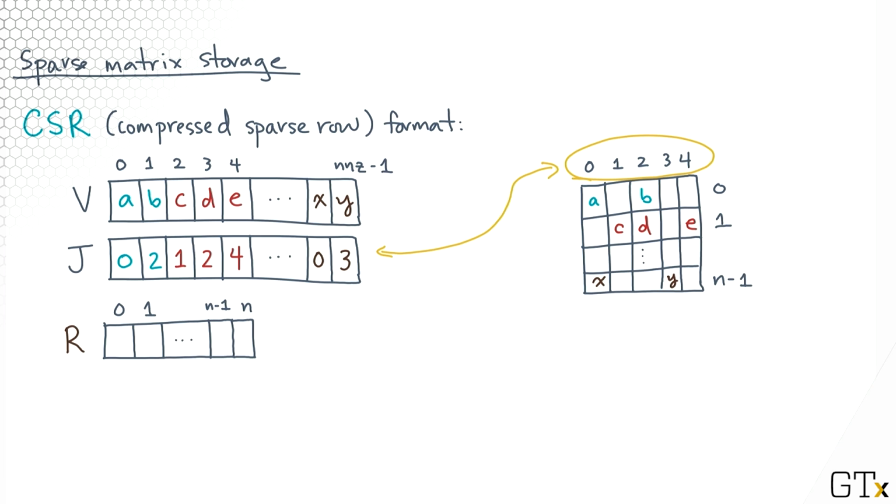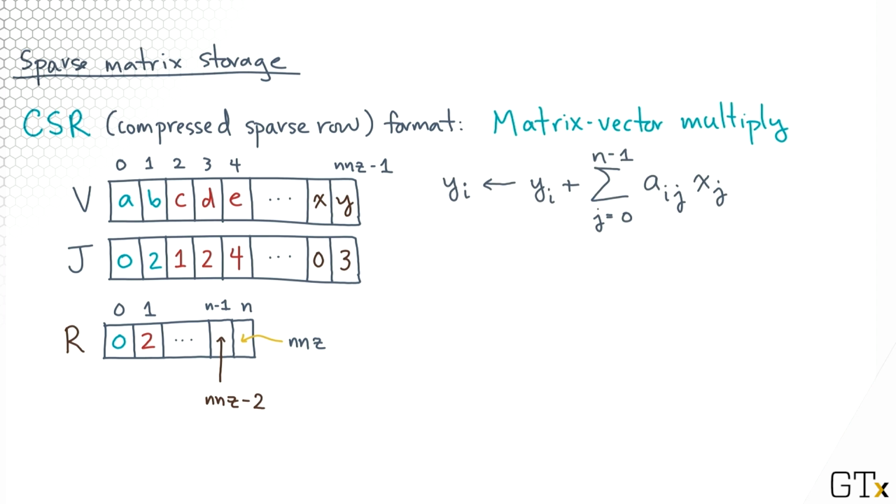Call it capital R. It's the size of the number of rows plus 1. For each row, it holds the starting index of that row in the V and J arrays. The last element is, therefore, the number of non-zeros. Now in this scheme, if nnz is much larger than n, then CSR saves about 1 array's worth of index metadata compared to COO.